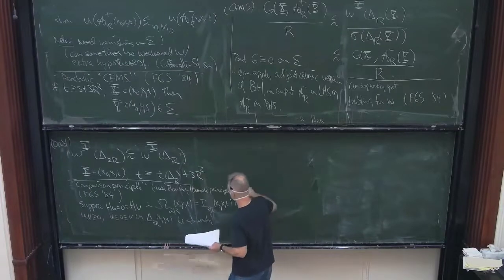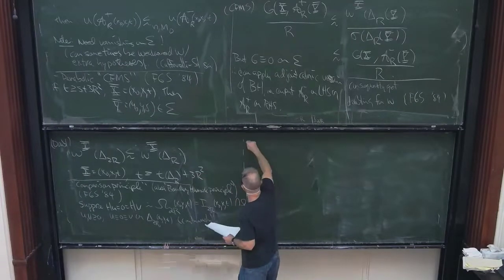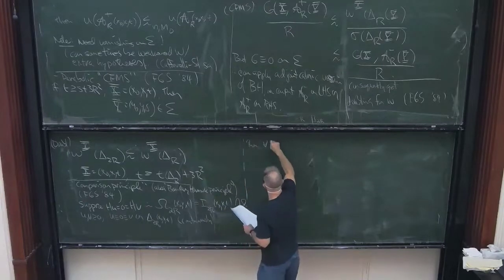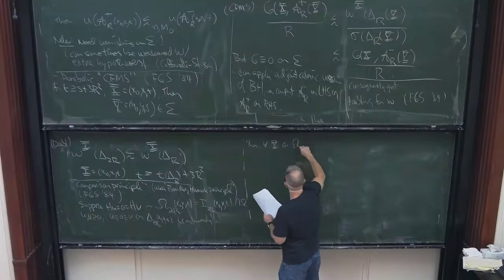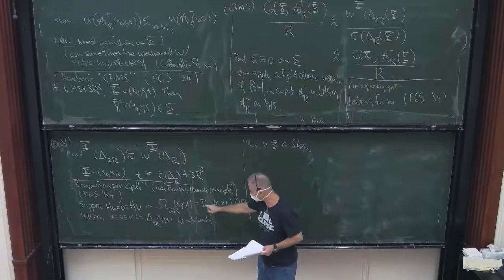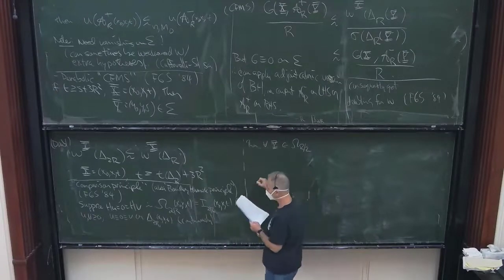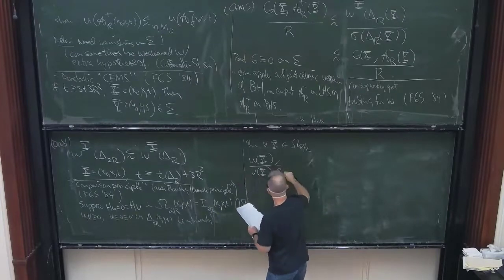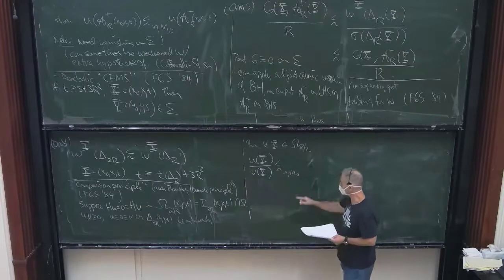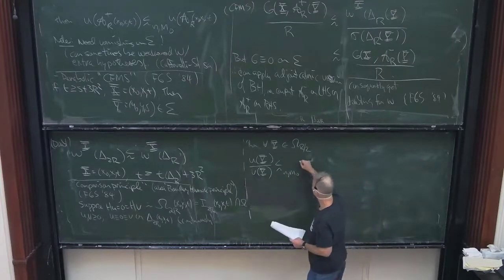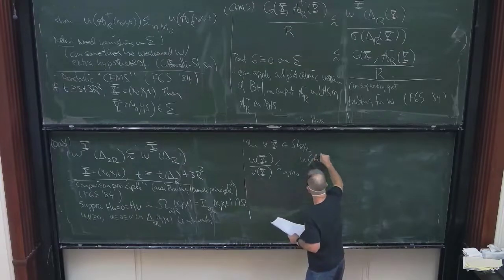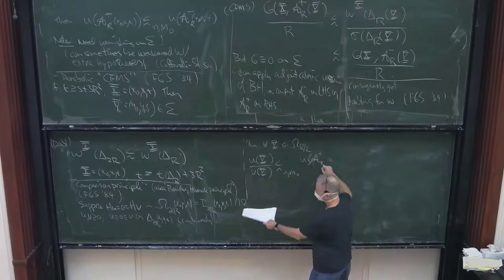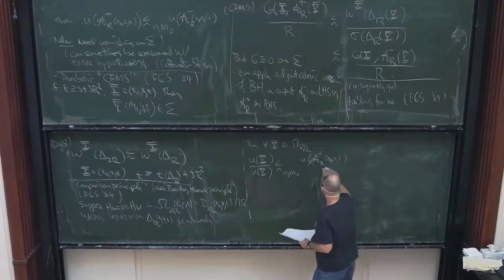Then the conclusion is that for all points y in, let's say, omega r over 2, which is defined in the same way, we have that the ratio is controlled, with implicit constants depending only on dimension and m naught, by the ratio of u at the time forward point divided by v at the time backwards point.